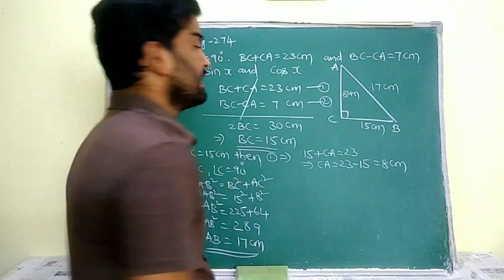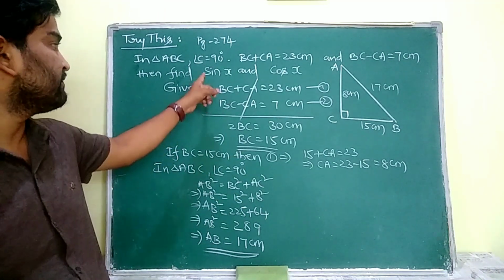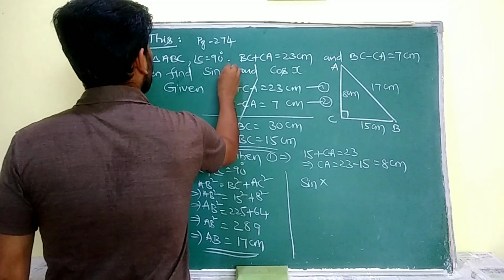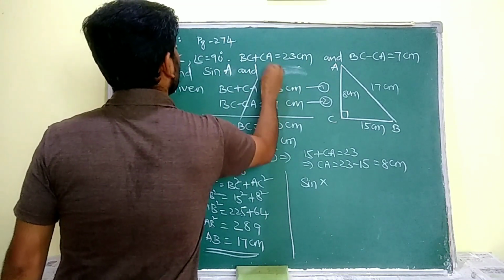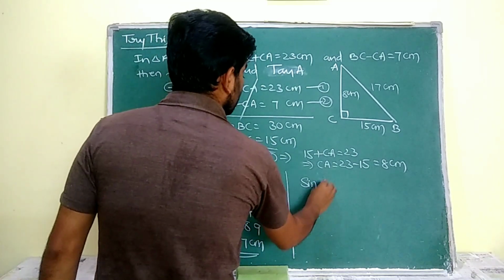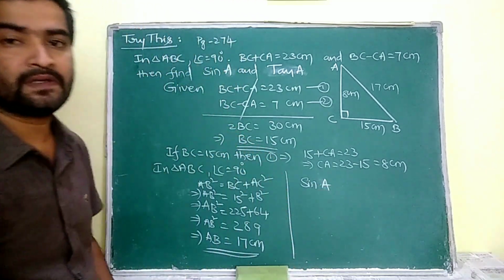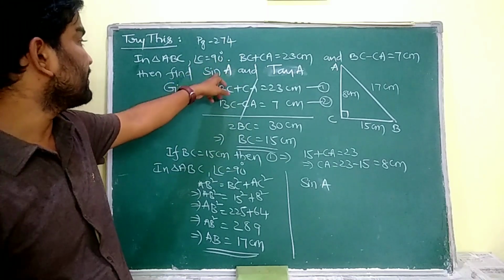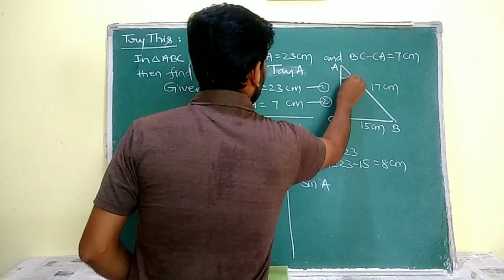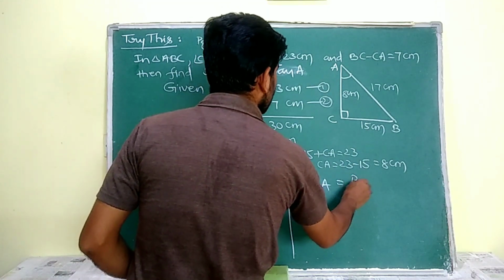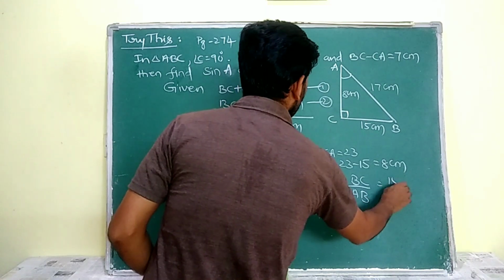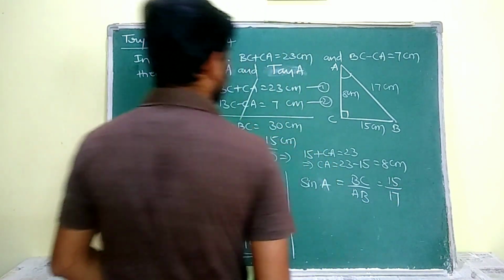Now see, here it is asking you to find sin A, sorry, sin A and tan A. Sin A is equal to A's opposite side, that is BC, over the hypotenuse AB, which is equal to 15 by 17.